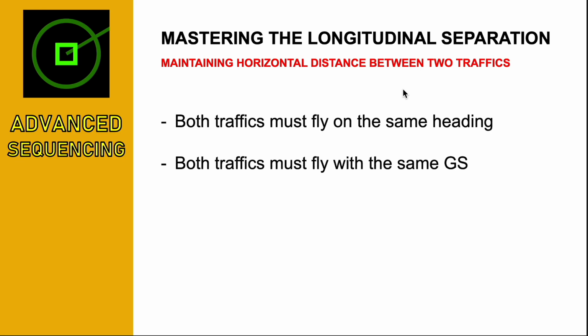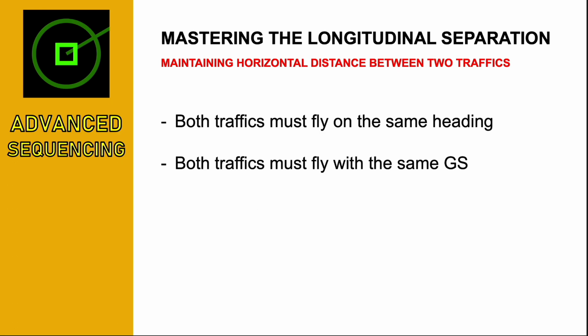As I was telling before, both traffics might fly on the same heading. Because if both traffics are flying on the same heading, you're going to ensure that the horizontal distance is going to be respected. But at the same time, both traffics must also fly at the same ground speed.